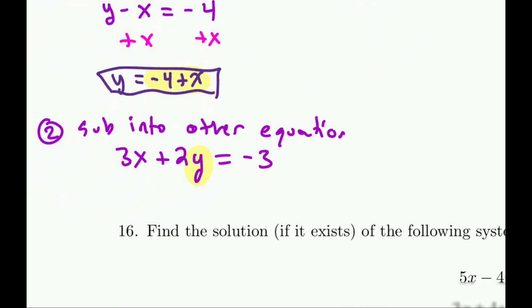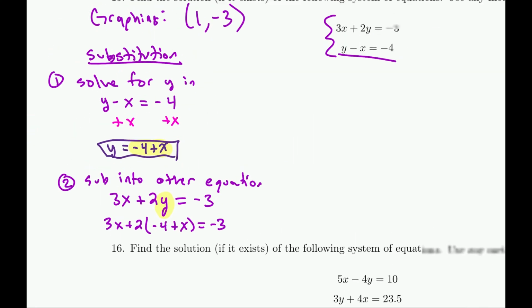So you fill in the -4 plus x, which is equal to y, for this y that we've got here on the bottom. So we've got 3x plus 2 times y, but y is minus 4 plus x, equals minus 3.